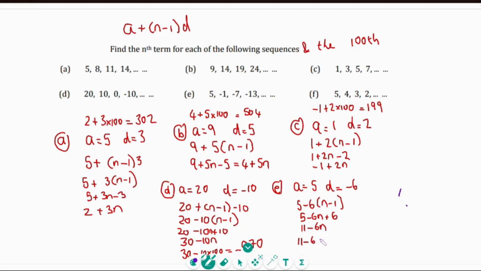So 11 minus 6n is the nth term. 11 minus 6 times 100, minus 589. And then F.